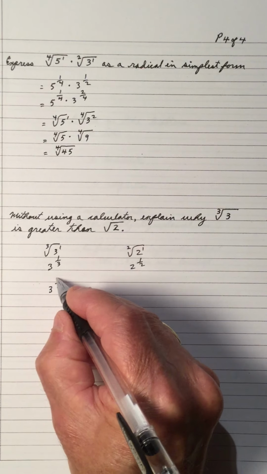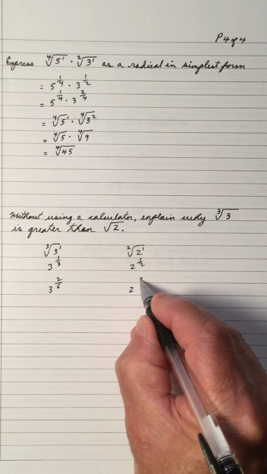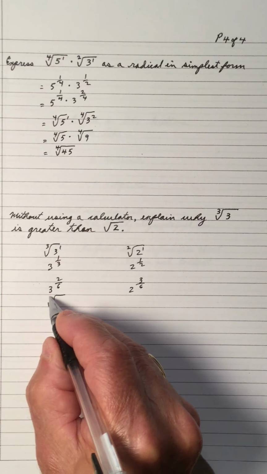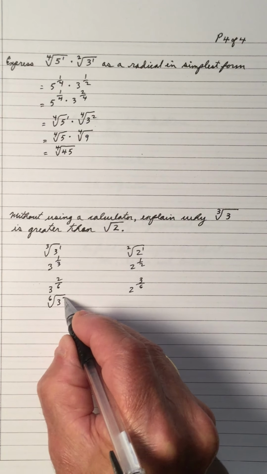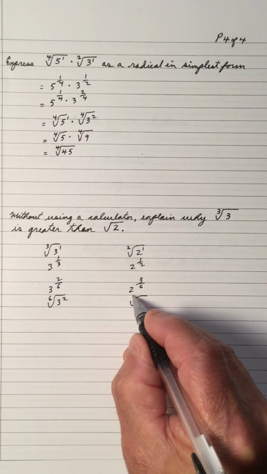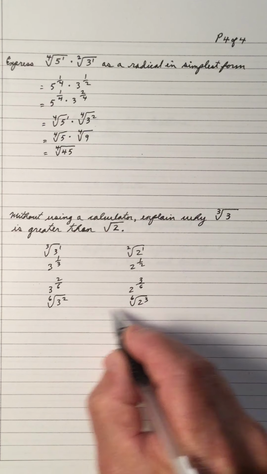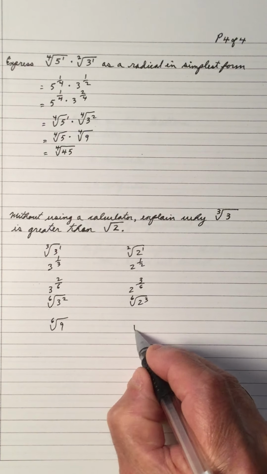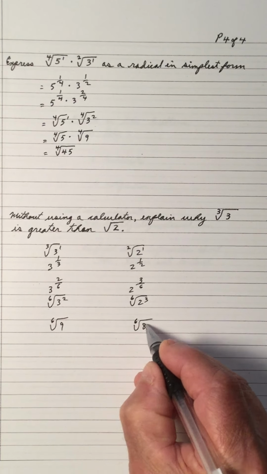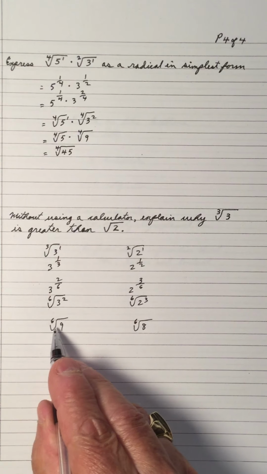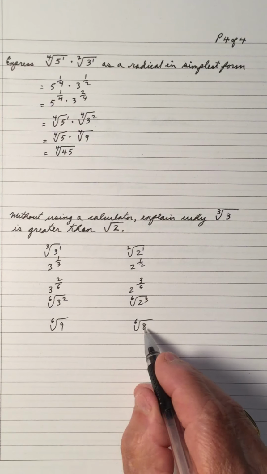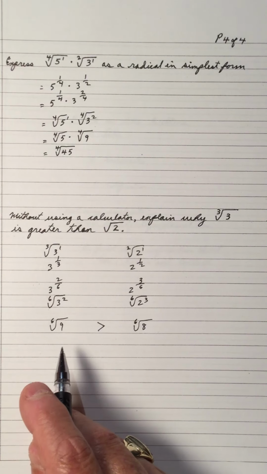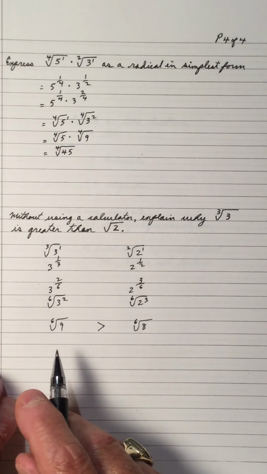So 1/3 is 2/6, and a half is 3/6. So this is the 6th root of 3 squared, and this is the 6th root of 2 cubed. So that's the 6th root of 9, and that's the 6th root of 8, and the 6th root of 9 is greater than the 6th root of 8.